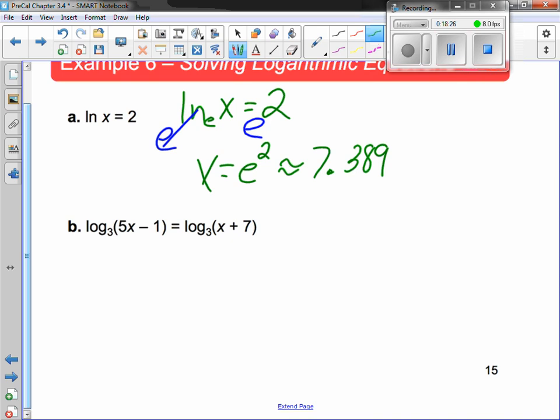Now this here, the next one, we could put both things to the third power. Or, because they are 1-to-1, the bases are the same, so we can do 1-to-1.